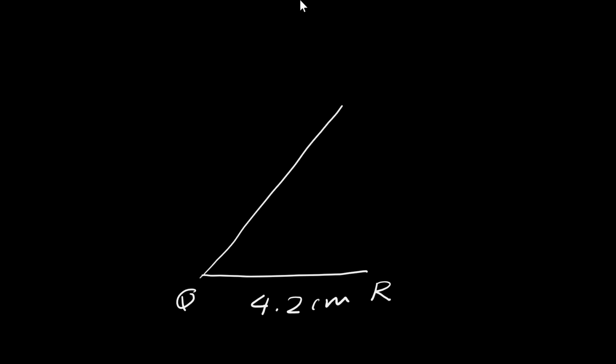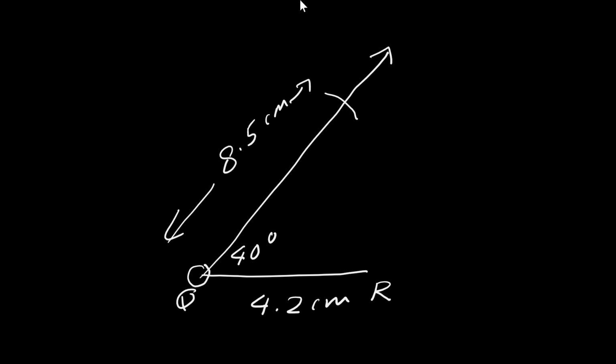Then construct a ray forming a 40-degree angle at point Q. Then consider Q as center with radius equal to 8.5. Draw an arc intersecting the 40-degree ray at point S. Join SR. And then what is the last step? Construct the perpendicular bisector of SR.